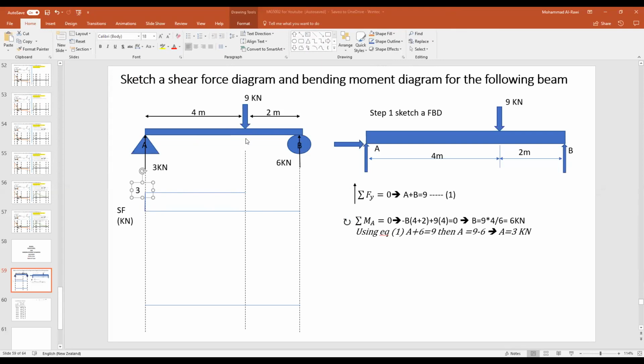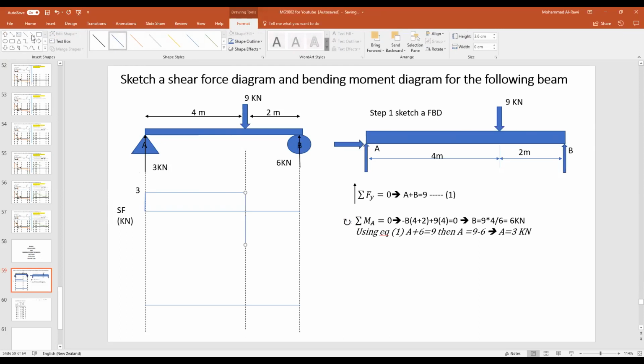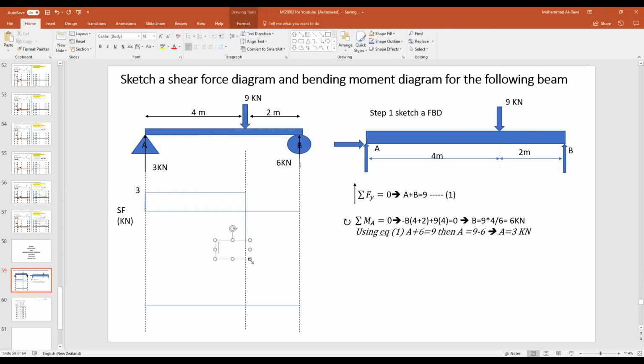And then 3, I need to move with the 9. So 3 minus 9, I will have a line going downwards, we'll stop till here. I'll write the equation for you guys, 3 minus 9, which is equal to minus 6, the value for that point.